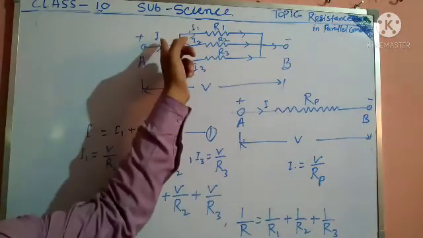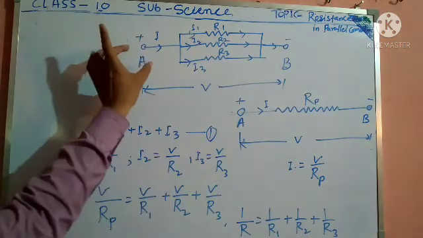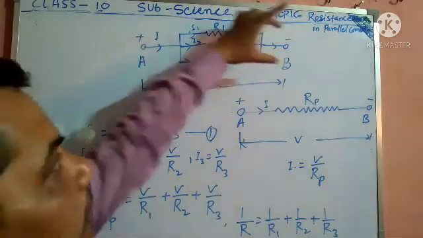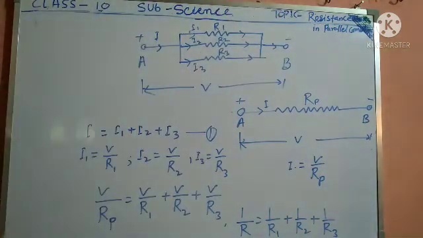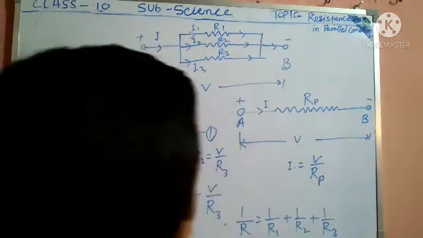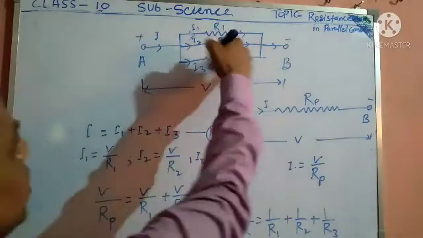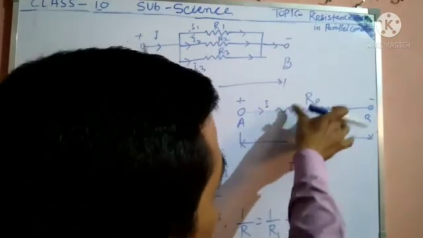So current I passes through these resistances from point A to point B, where A is the positive point and B is the negative point, and V is the potential difference between A and B. The total resistance of R1, R2, R3 taken in parallel is RP.